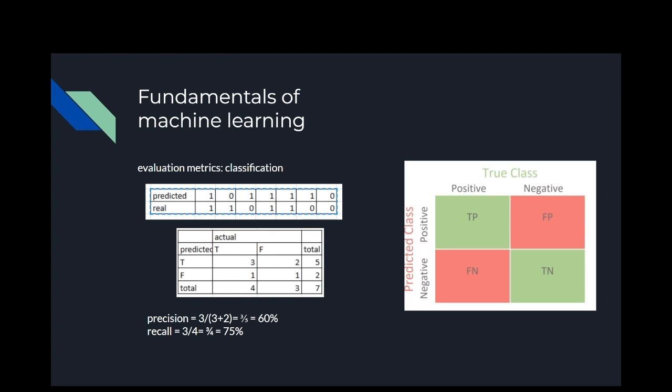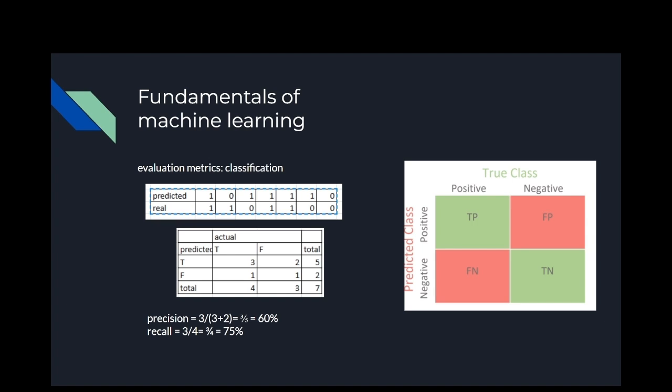We take the true positive results, the predictions that were correctly predicted, over the total, the sum of the total positive predictions, which is 5, the true positives and the false positives. The result of that is 60%. Not so bad. It's higher than 50%. We can rely on this model in terms of precision.